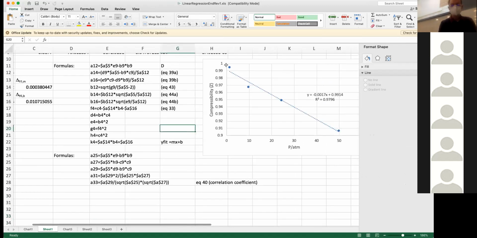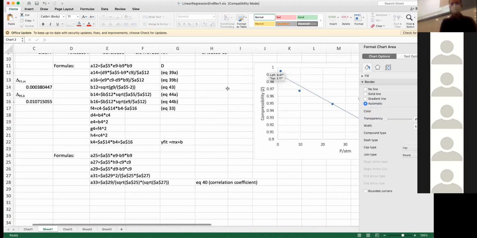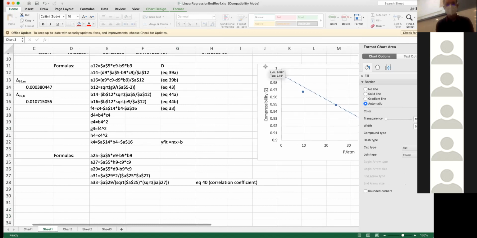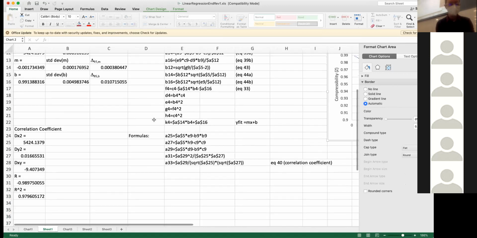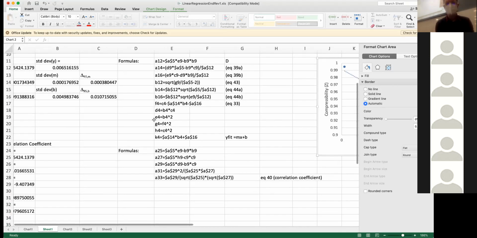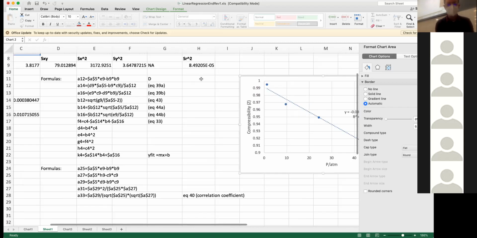Okay, it's also possible to get the standard deviations using built-in functionality of Excel. It's a little bit tricky, but the function that you use is called LINEST. I believe on newer versions of Excel, it's a little bit easier to do. On my version, I haven't updated my Excel recently.